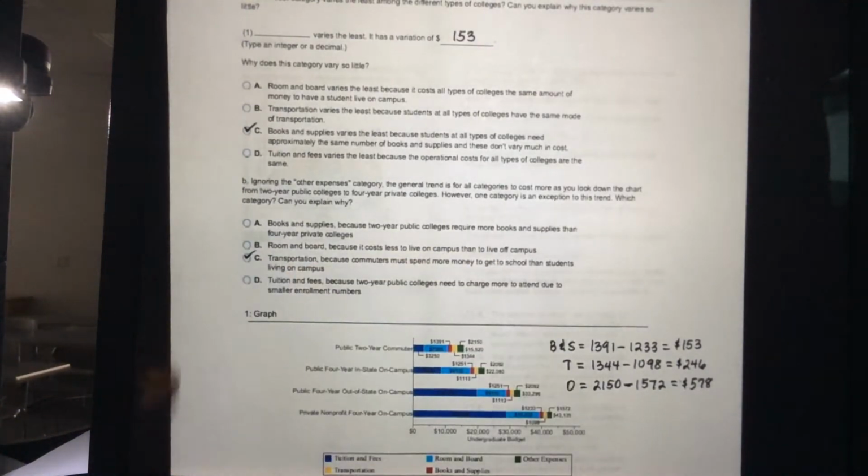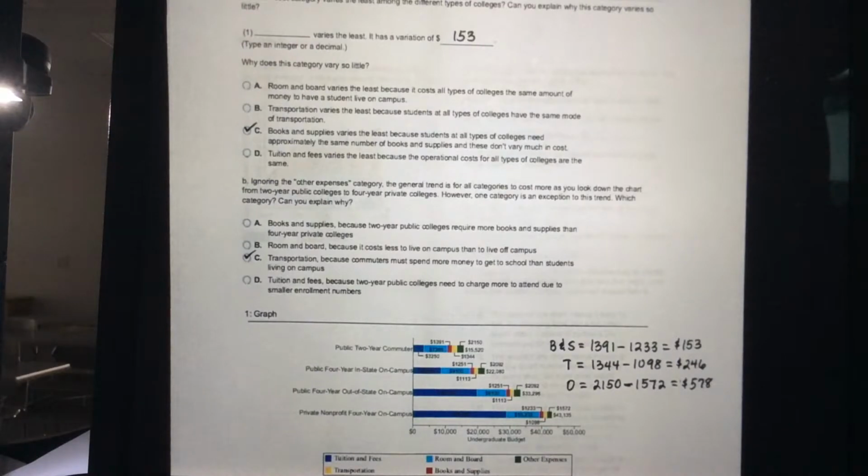The reason for that is because commuters must spend more money to get to school than students who live on campus, and that does make sense. Because if you're living on campus, then pretty much you don't have to do much traveling. Well, you'll have to walk, but you're not going to use gasoline to get to your classes.